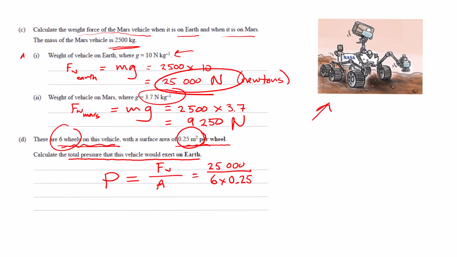That gives the total area. So that gives the pressure on Earth equal to 16,667. And now we've got to have our units. Our units are force divided by area, so we could have newtons per square meter, which is equal to pascals.